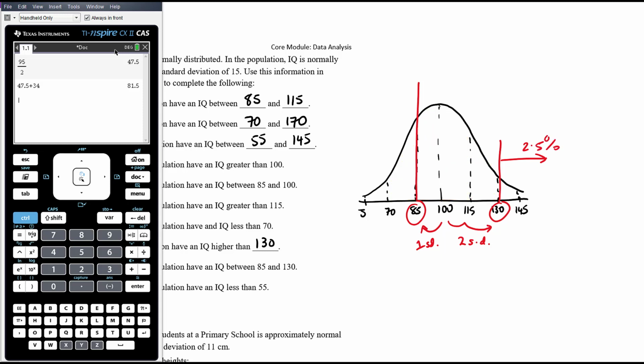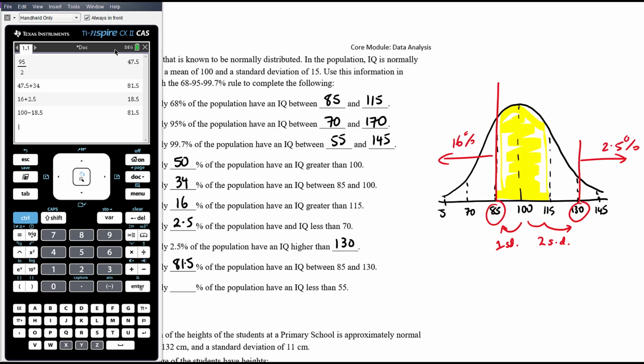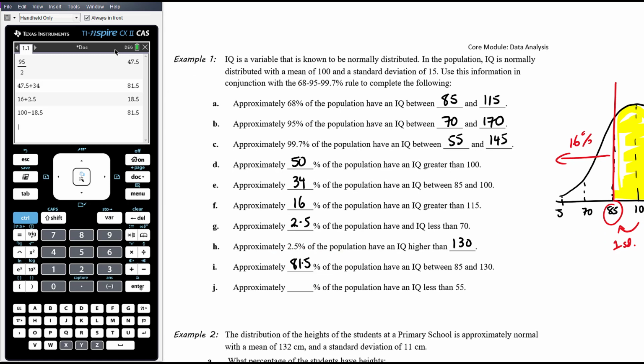Same logic, we know within 1 standard deviation of the mean, that's 68% in there, so 100 minus 68 is 32% that's not in between there, and because of the symmetry it'll be 16% either side, so this will be 16% down here. So 16 plus 2.5 is 18.5% that are outside of the area that we want, so the area that we want will be 100 minus 18.5%, which is indeed 81.5%, which is what we worked out here.